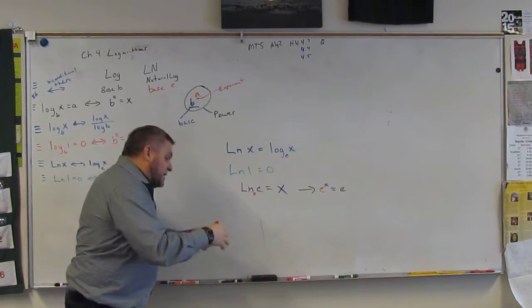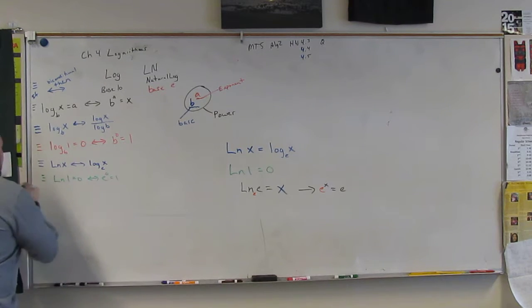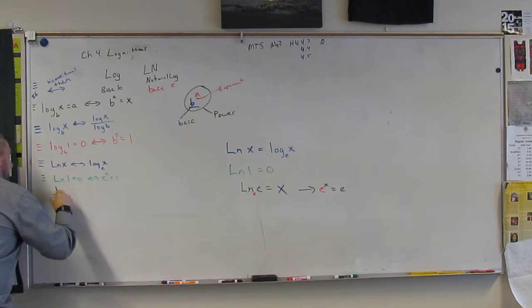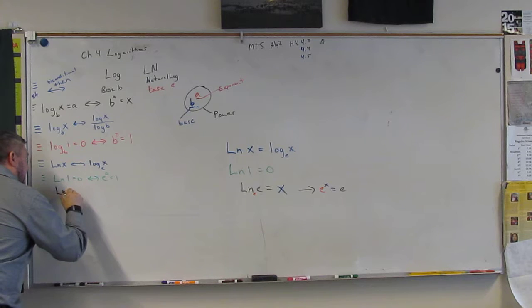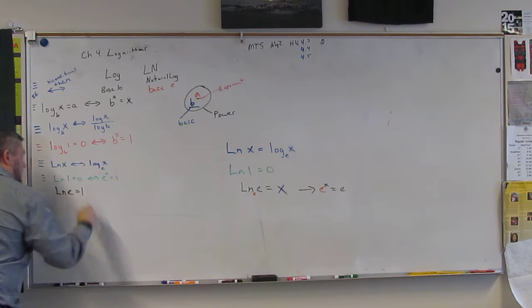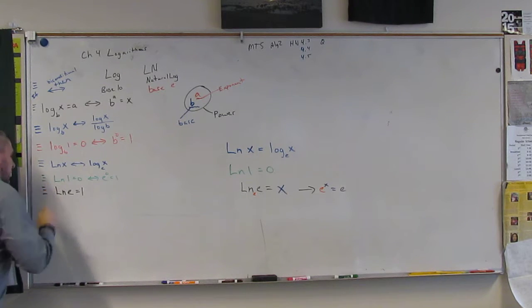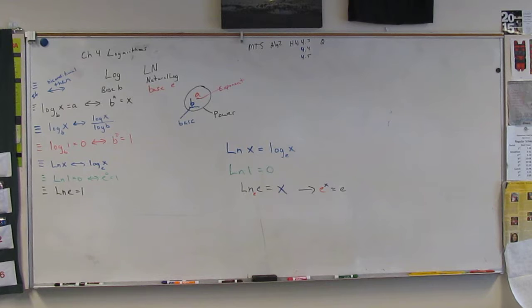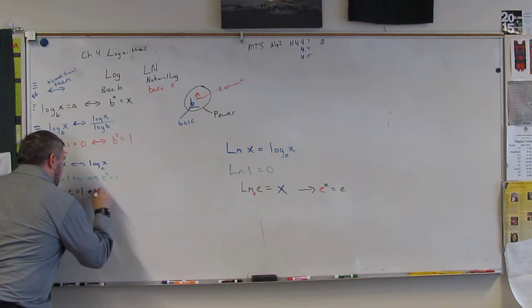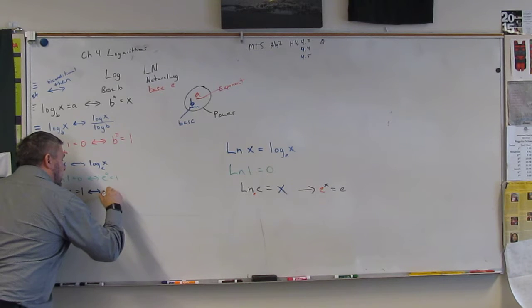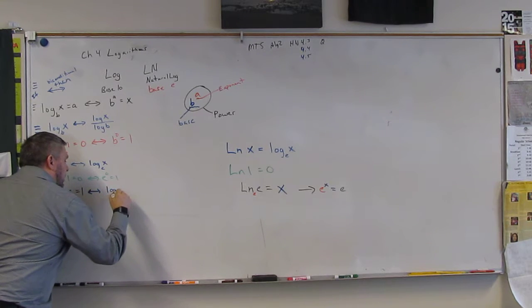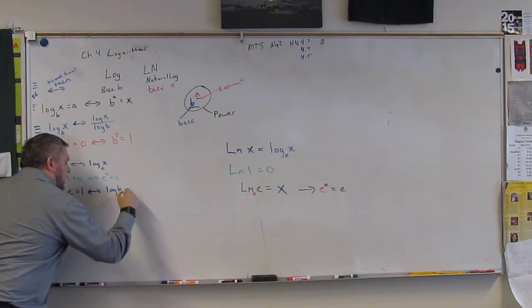So that means that ln of e is equal to 1. If that's true, then is log base b of b equal to 1?